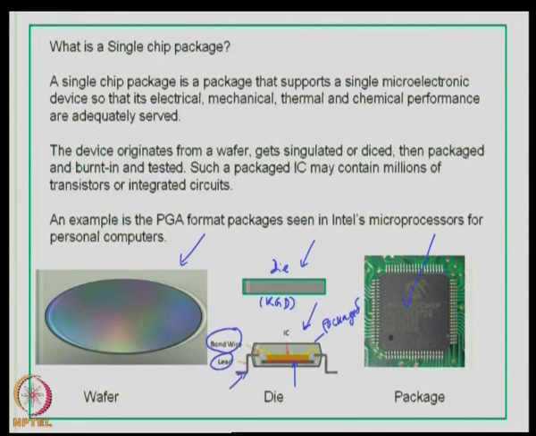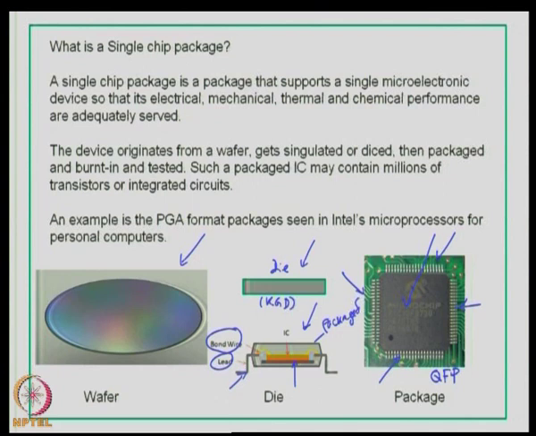So, here the die is protected, and along the periphery you can see the interconnections or the IOs brought out from the die. So, typically this is a package that you would have used, and this is known as a quad flat pack, for example QFP.